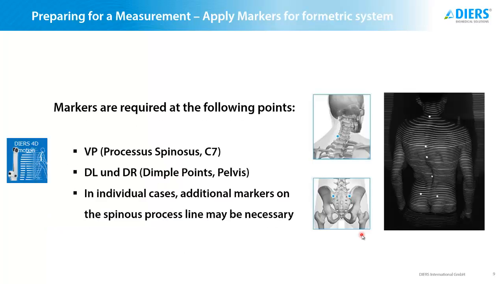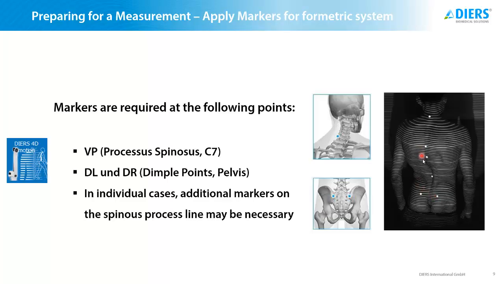For the 4-metric system, so the system that will give you the readings on posterior and spine, the markers that we have to apply are the C7, so cervical 7 vertebra, which is the vertebral prominence. So you palpate the processus spinosus and you apply the marker. And you also apply markers to the dimple left and dimple right, or the PSIS position. You have to have these 3 markers.